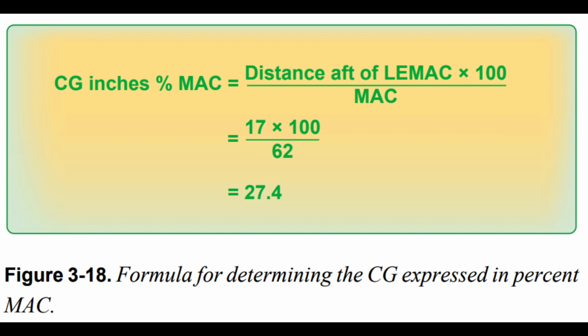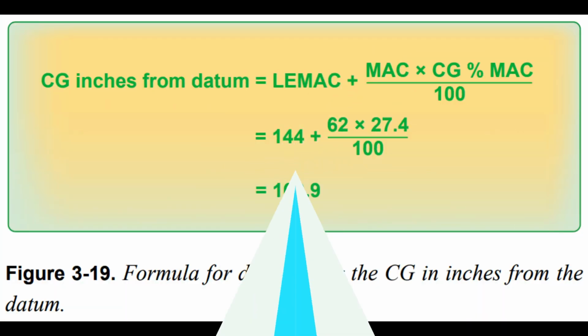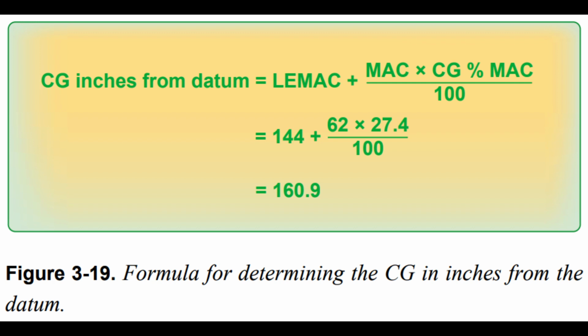The CG of the airplane is located at 27.4% MAC. MAC equals 206 minus 144, which is equal to 62. LEMAC equals station 144. Determine the location of the CG in inches from the datum by using the formula found in Figure 3.19. The CG of this airplane is located at station 160.9 inches aft of the datum.